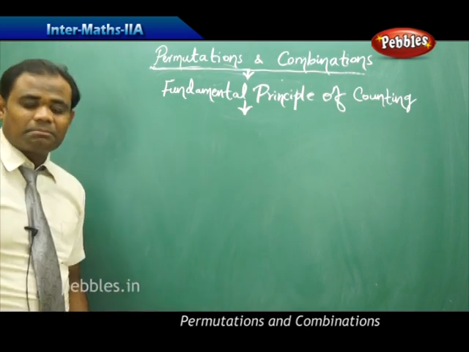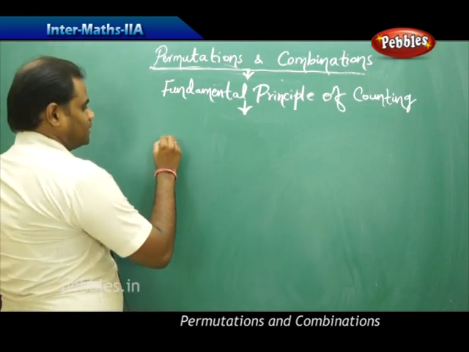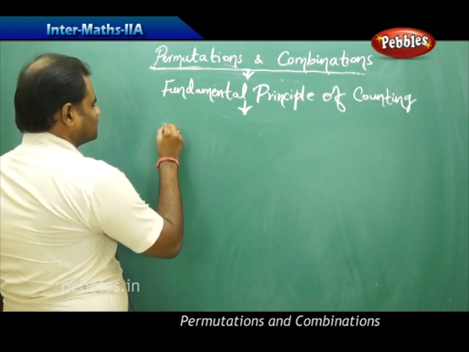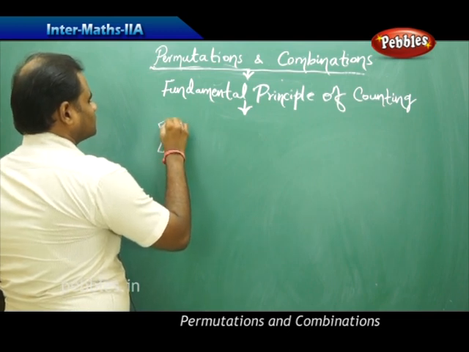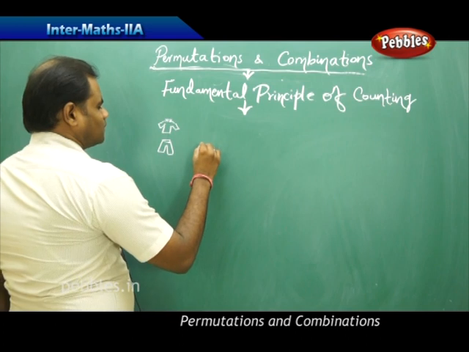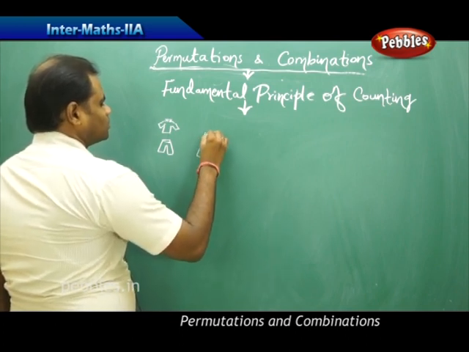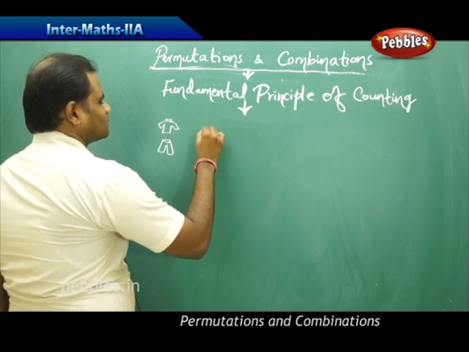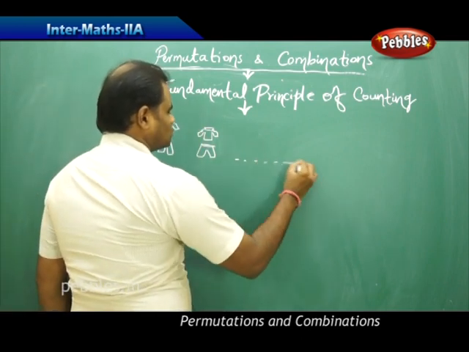To revisit the example problem of the trousers and shirts, let me say that this is a trouser and this is a shirt, or let me say there's one more trouser and one more shirt, and so on and so forth.